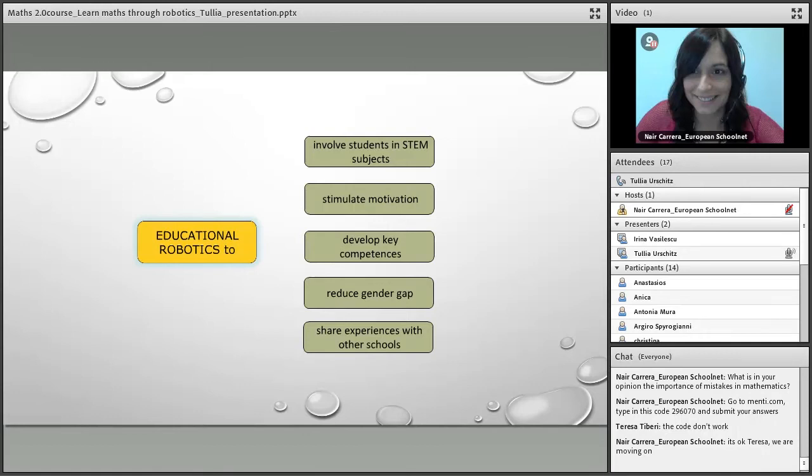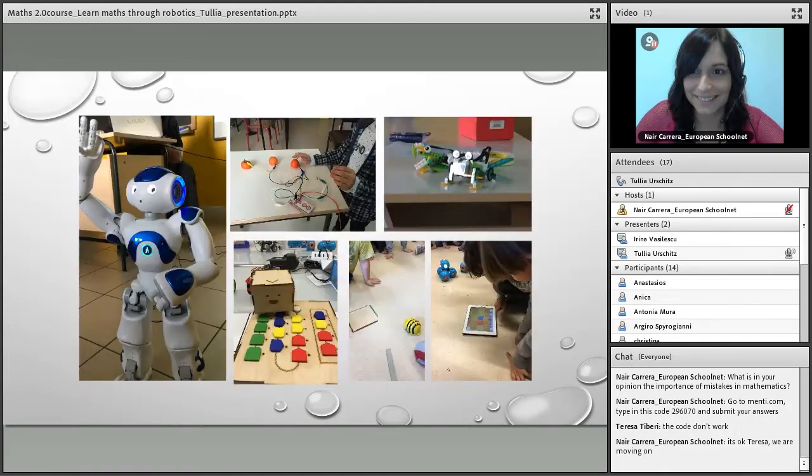Also, you can work with other schools even from abroad. So you start from mathematics, science, STEM subjects, but you go really farther from that. The kind of robot, the robotic kit, is not important. It depends on what you have in the class. You can work with simple kits, but robots are much more effective than just using software.